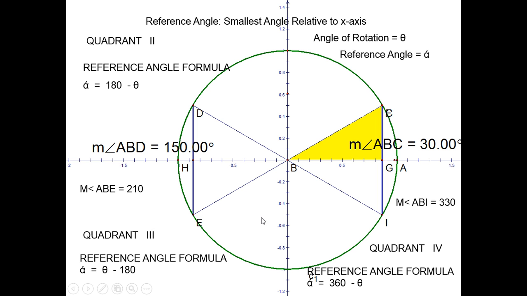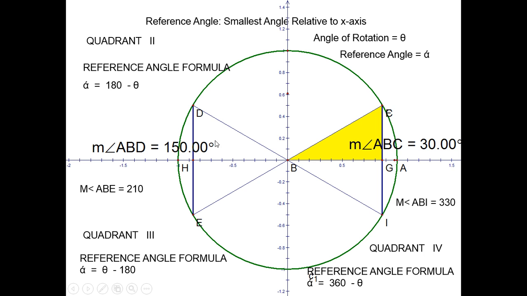Over here, the height would be 1/2, but it would be negative. And so if I were to look for the sine of 30, of course we know it's 1/2. This would say that the sine of 150 is also 1/2.